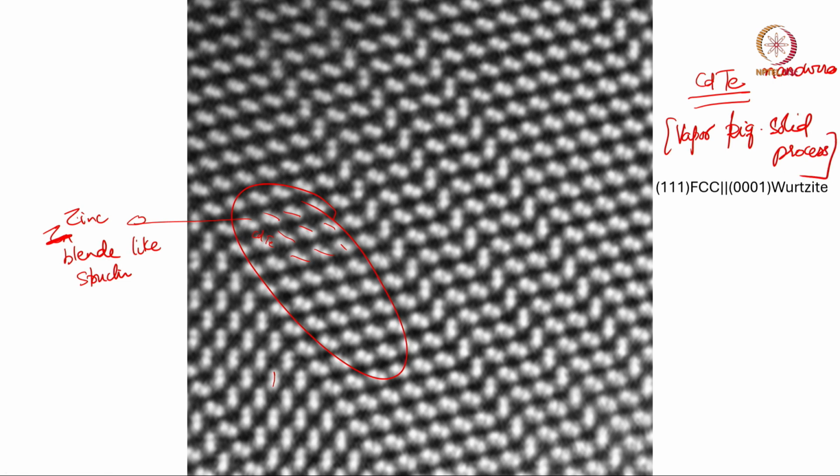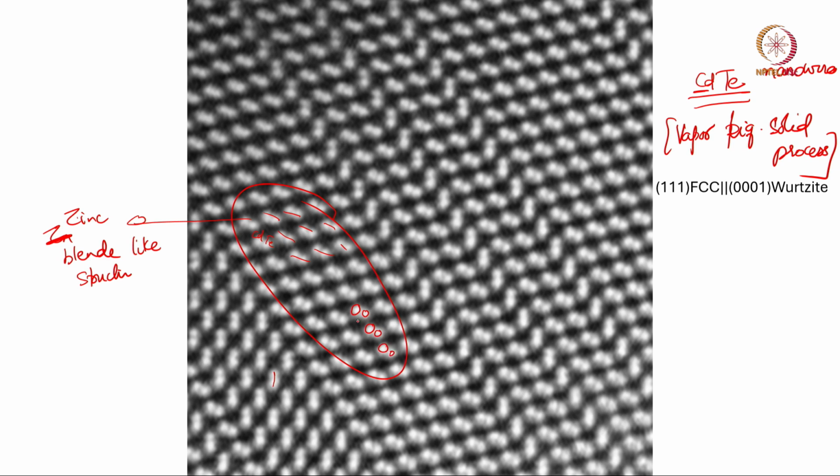Let us just assume for the sake of argument that cadmium is slightly heavier than tellurium. I think there is an atomic number difference of about 2, so you do not see much of a contrast difference, but let us say this is cadmium, this is tellurium, this is cadmium, this is tellurium.